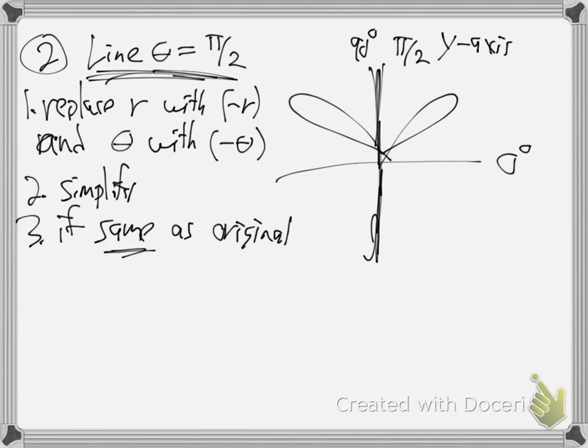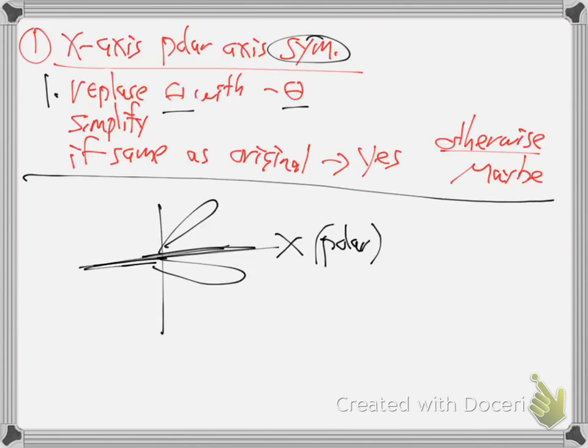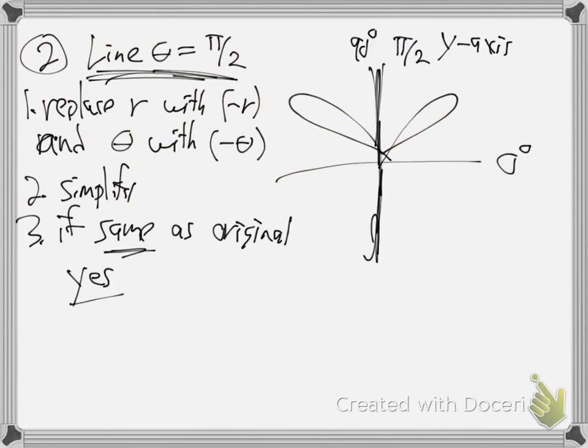Sym means same, huh? If you do these replacements and the equation comes out looking the same, it means it's symmetrical. It's got that symmetry. If same as original, then yes, it has that symmetry. Otherwise, maybe not. So back over here: replace, simplify, compare. Replace, simplify, compare. That's how we're always going to do these symmetry ones.